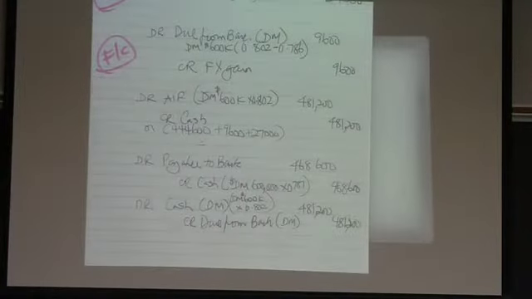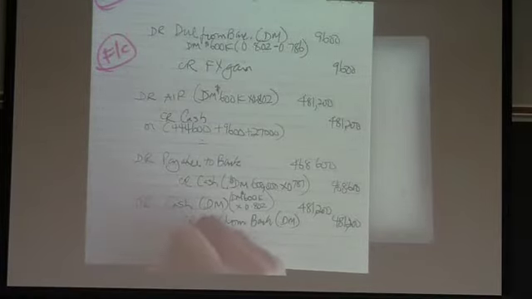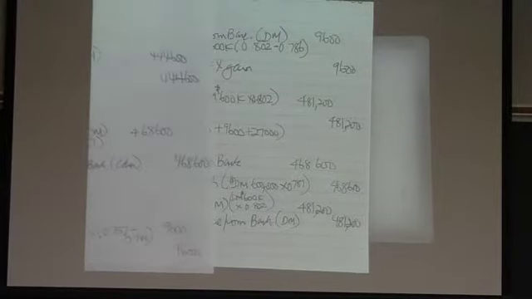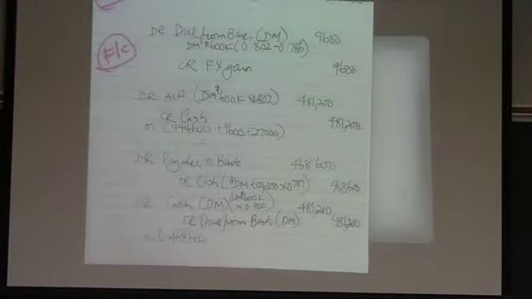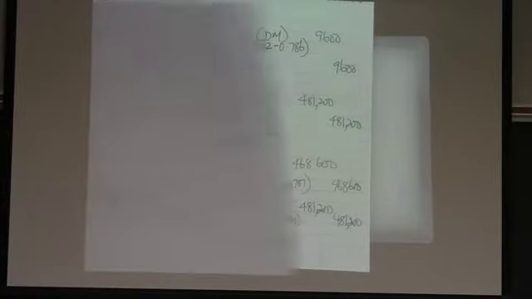Or you take a look at the forward contract, right? So you started with 468,600. Then we actually increased that by 3,000 because we recorded a gain.